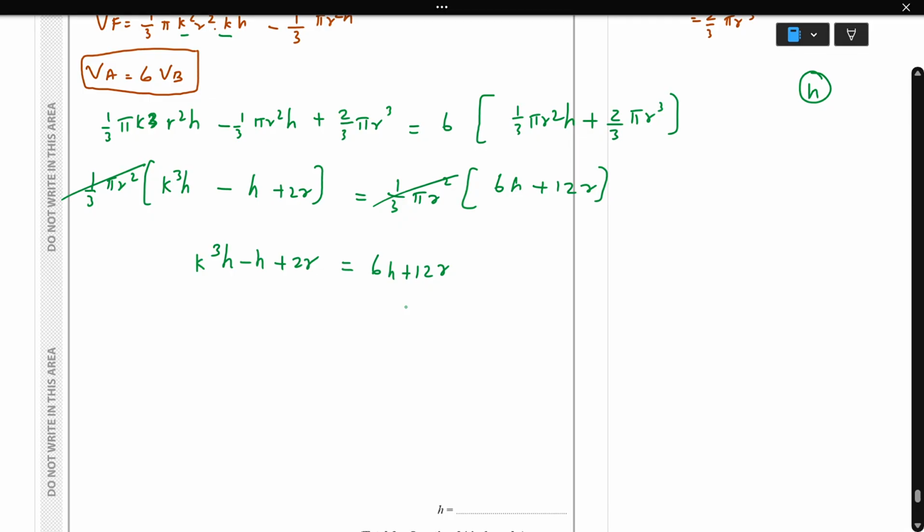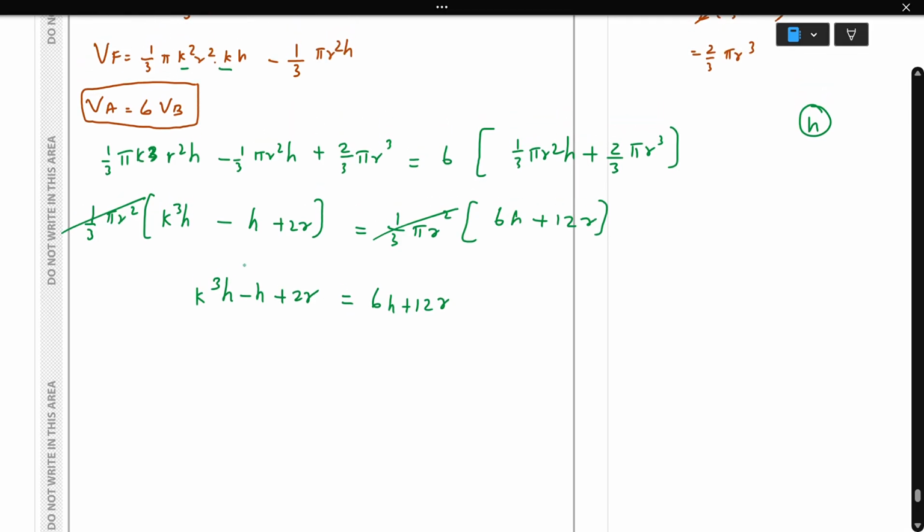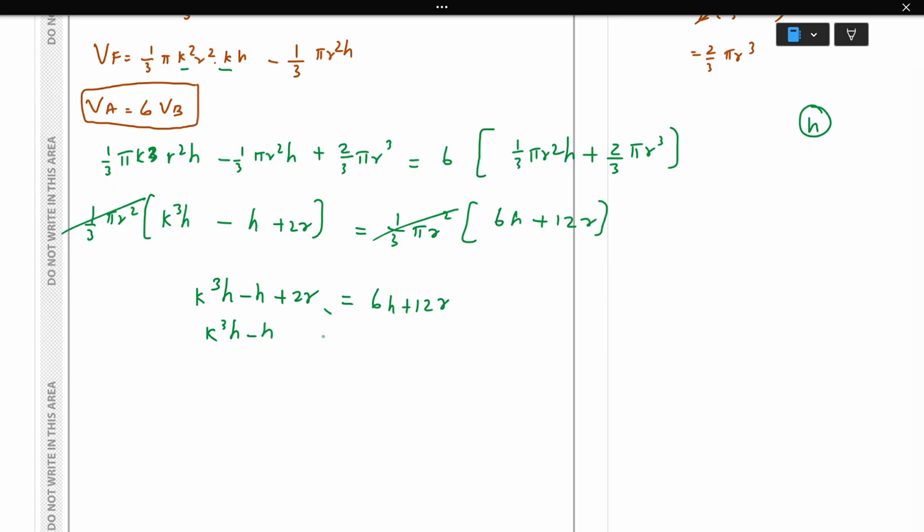Okay, so we need to make h the subject, so I'll bring all h to one side. So k cube h minus h. I'll bring the 6h to this side, it'll become negative 6h. I'll bring 2r to the other side, which is 12r minus 2r.